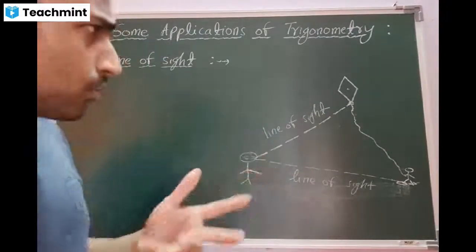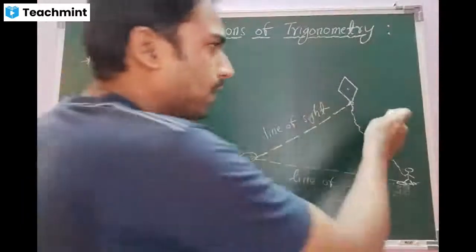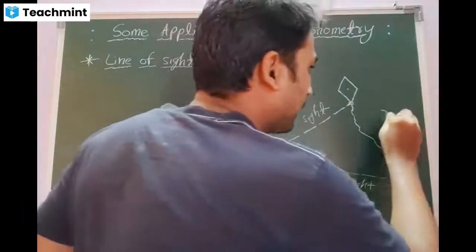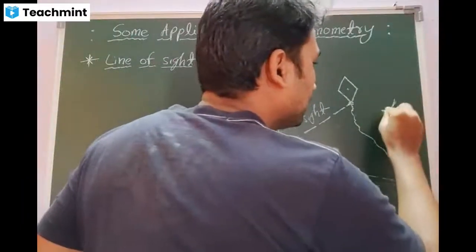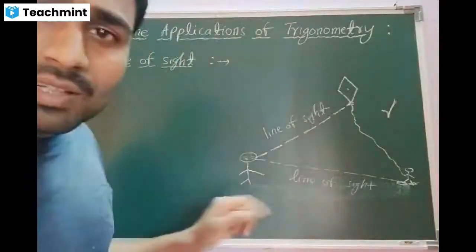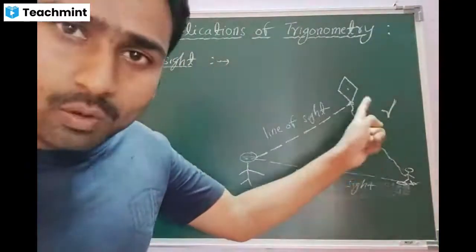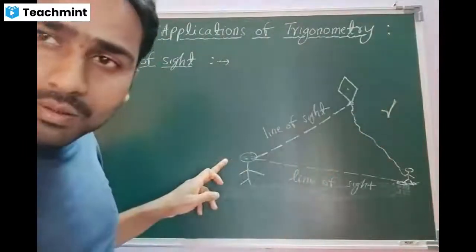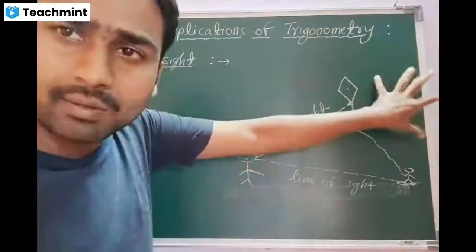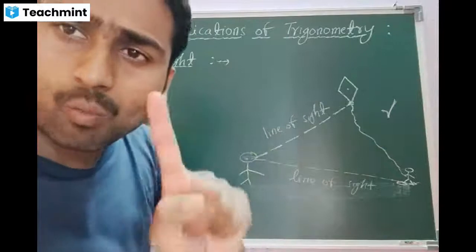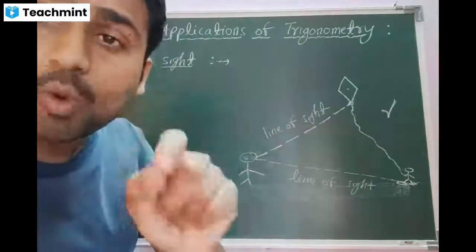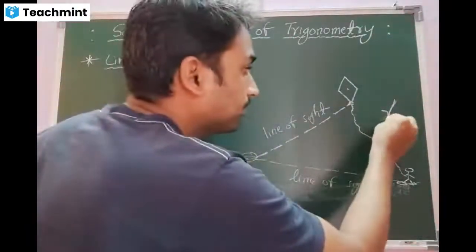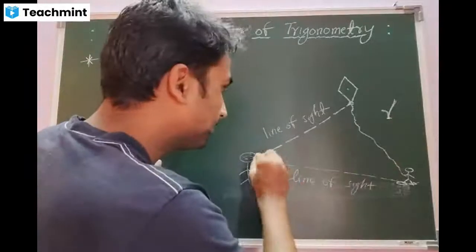Suppose there is one more object, beta. Somewhere here, a bird is flying. This particular symbol shows one bird. Again, the boy will start looking at the bird. Maybe he will see the entire bird, but we are going to take one particular point in the object, suppose here. Understanding, beta?